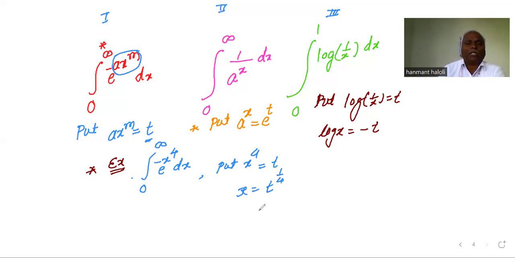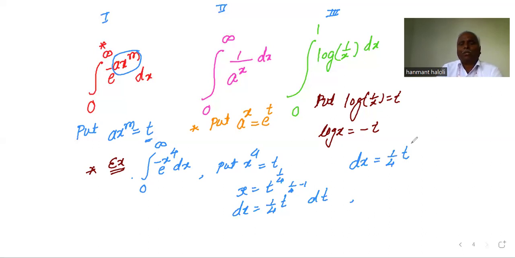Now you can differentiate it. dx equals 1 upon 4 t raised to 1 by 4 minus 1 into dt. Therefore, by simplification, dx equals 1 by 4 t raised to minus 3 by 4 dt.